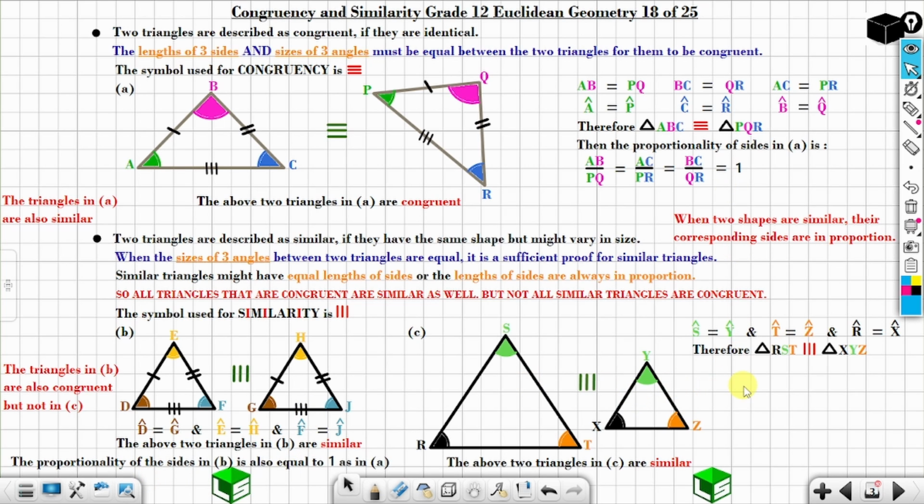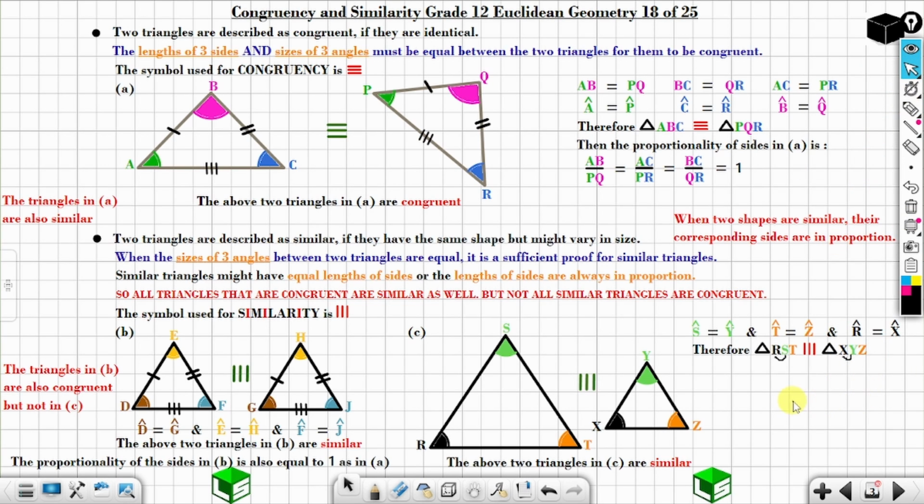Now, for this, you understand the proportionality of sides is not equal to 1. Okay? You are going to see that. You can now write the proportionality equation. So, you take first and second. Okay, let me use a black color. First and second in this triangle over first and second in another triangle.